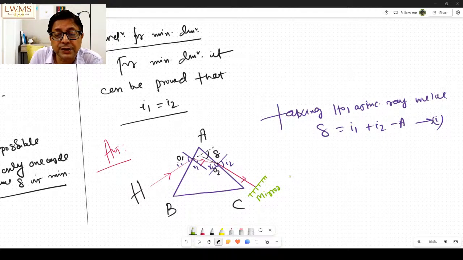To reverse the direction, the light ray will reverse its direction in the forward direction by the principle of reversibility of light.